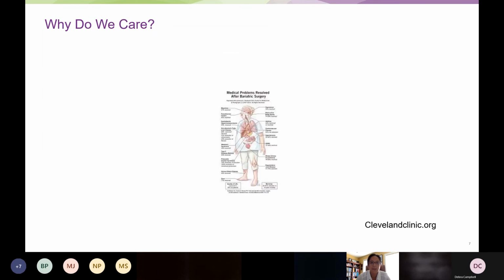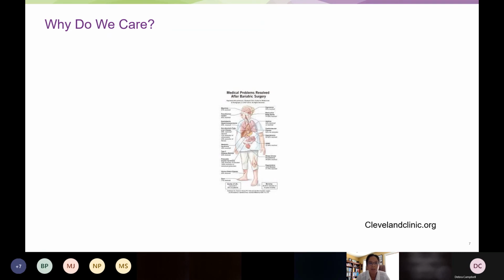Next slide. This slide didn't show up very well, but basically, I'll just give a summary. These are all the different problems that are associated with obesity. Pseudotumor cerebri gets better about 96% of the time as people lose weight. Migraine headaches get better about 50% of the time.